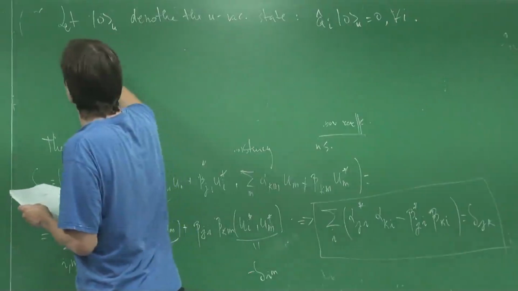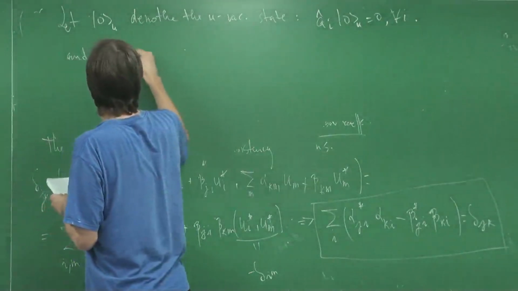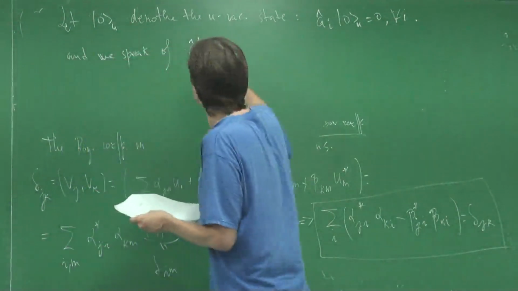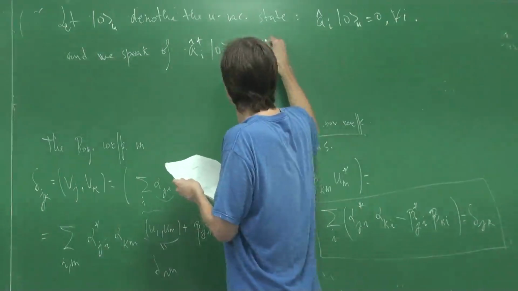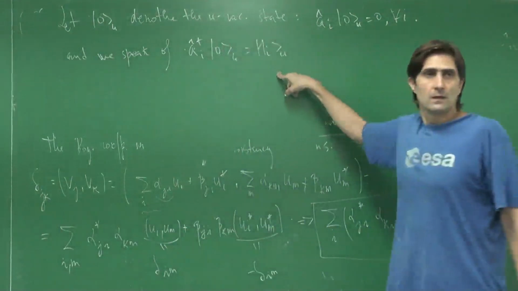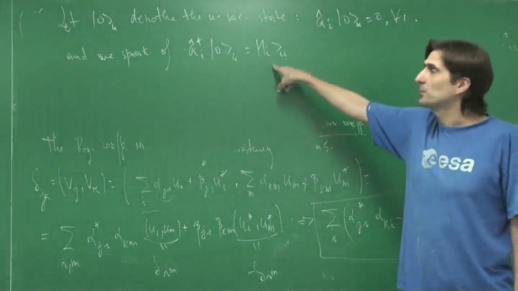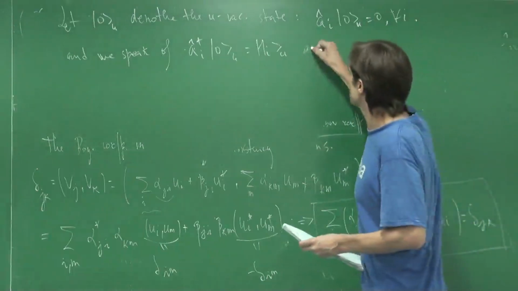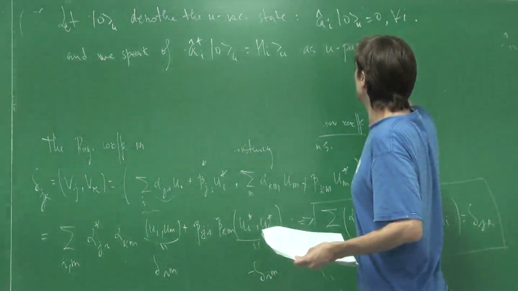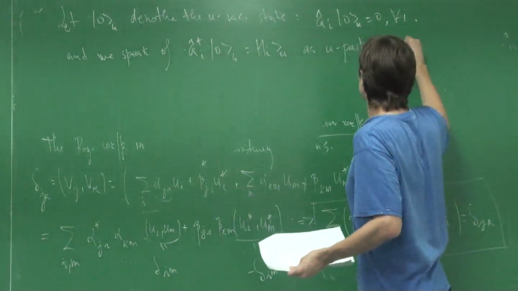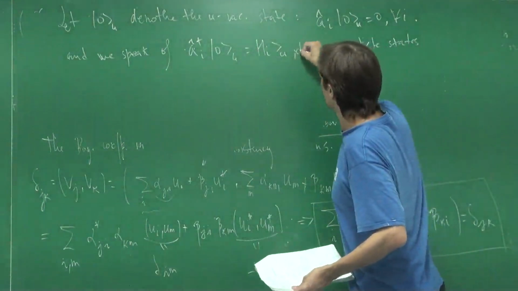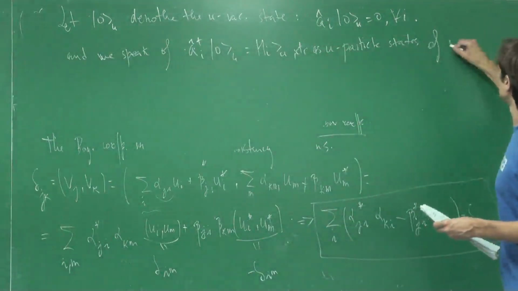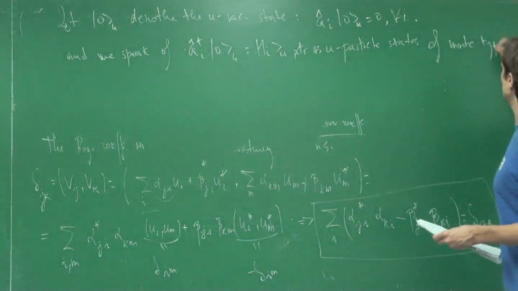And obviously, we speak of A dagger I, we create a one particle state of momentum I with respect to this U vacuum state. We call these U particle states of mode type I.